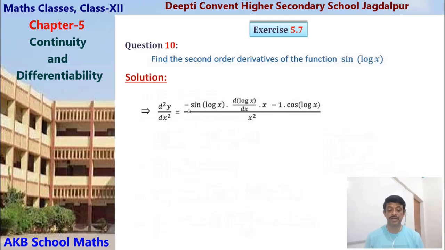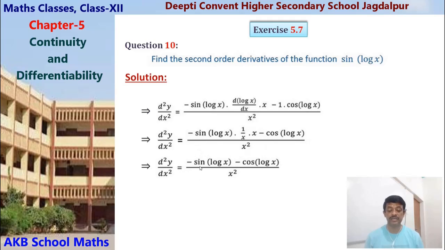Now here minus sin log x, the derivative of log x is 1 by x, x cancels, minus cos log x, so we get minus sin log x minus cos log x upon x square. This is the second-order derivative. So the final derivative is minus sin log x plus cos log x upon x square. This is the second-order derivative of question 10 of exercise 5.7.